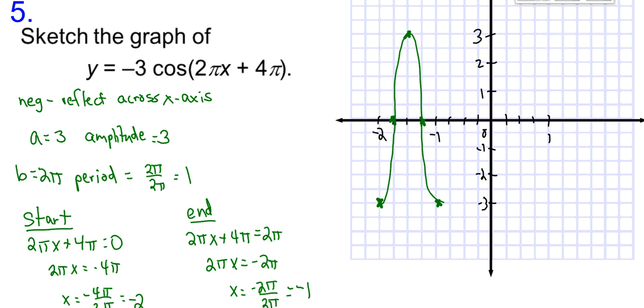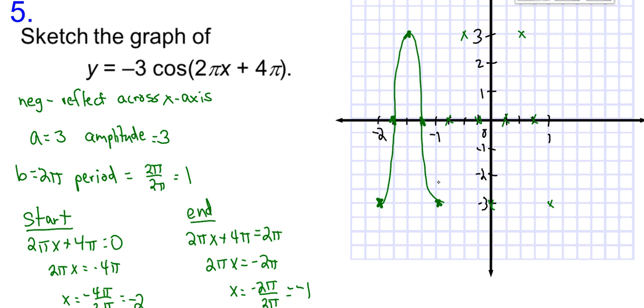Now I'm just going to make some more points and go all the way out to +1. So I'm at the bottom, middle, top, middle, bottom, middle, top, middle, bottom.